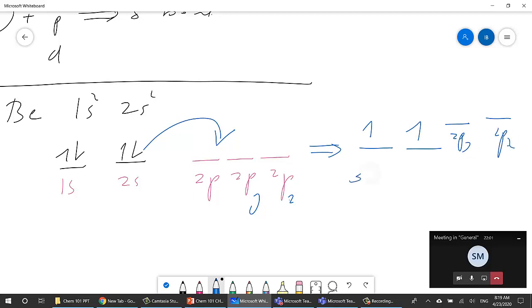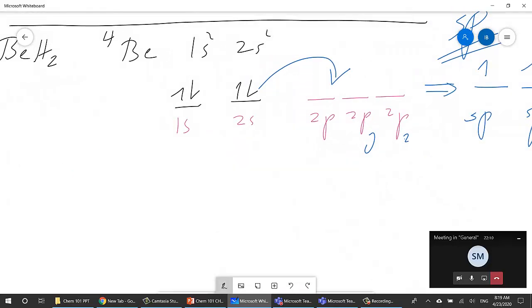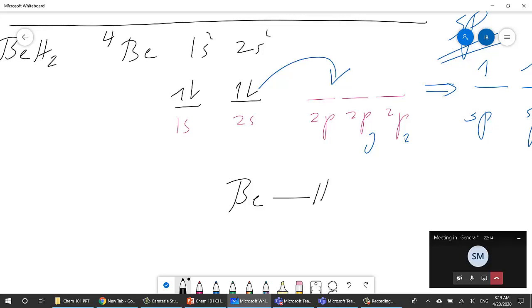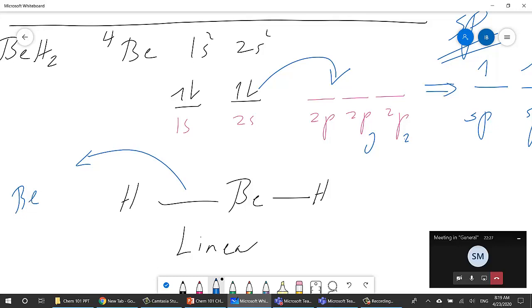This is called sp hybridization because you're mixing one s with one p. And now you have beryllium attached to hydrogen. It's a linear molecule, right? Linear. And this bond here is made from a beryllium sp orbital plus an h s orbital.